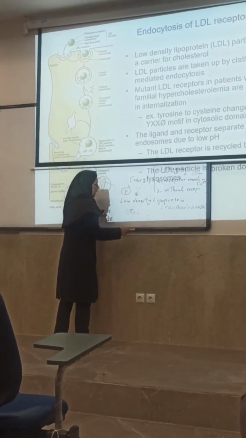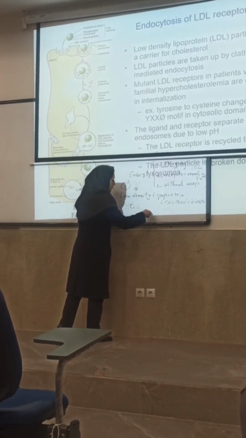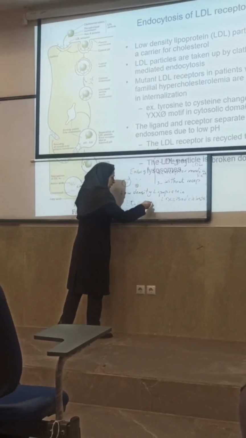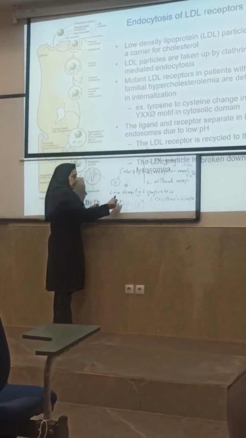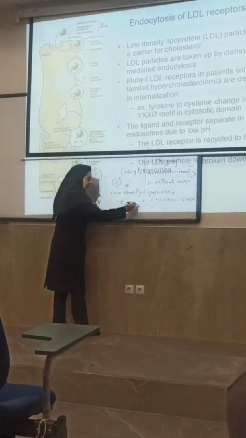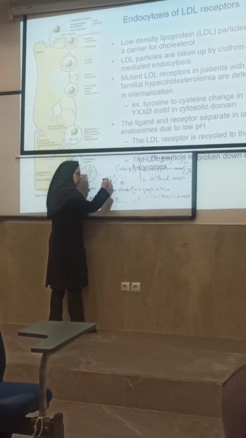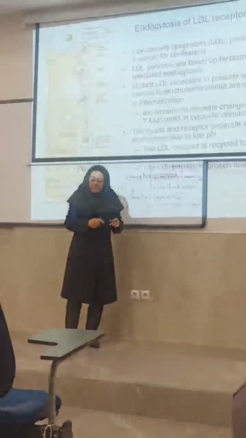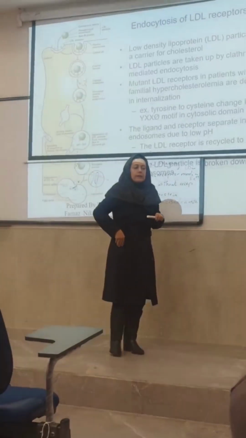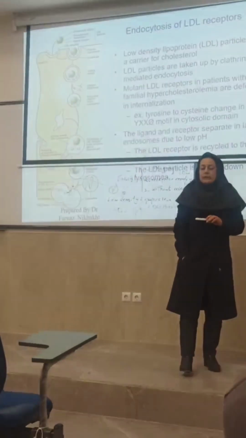But in HDL, high density, most of it is protein, and the cholesterol is small. So H means high, related to protein. Low means related to the cholesterol, not the protein. But anyway, all cells need cholesterol for their function.